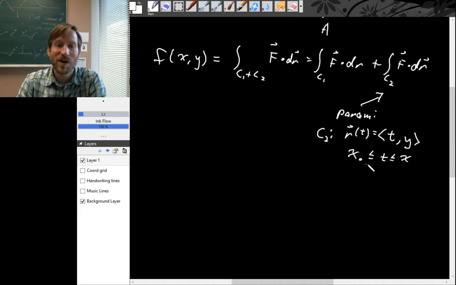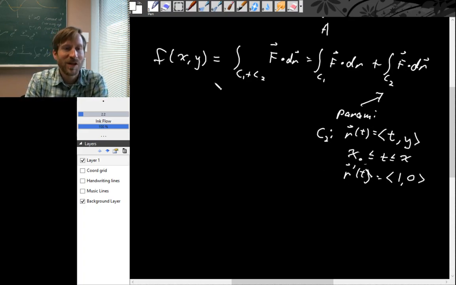So now that we have a parameterization of that part of the curve, we can calculate r prime. And we just get 1, 0. And we can use this to parameterize the second integral. The first integral, we're going to leave unparameterized.